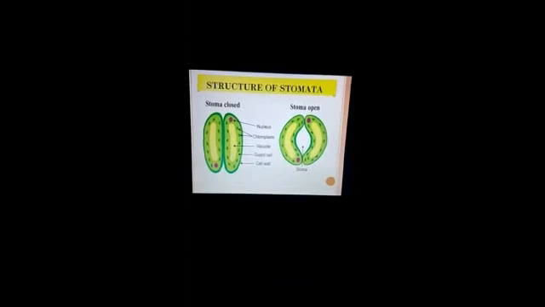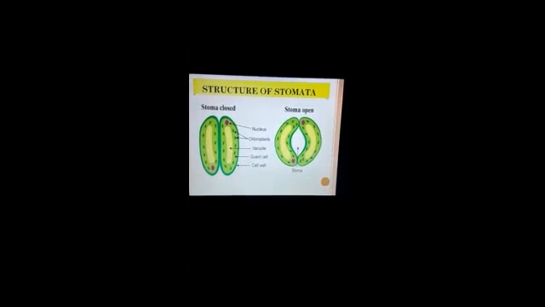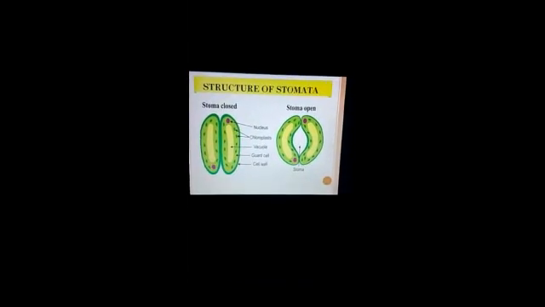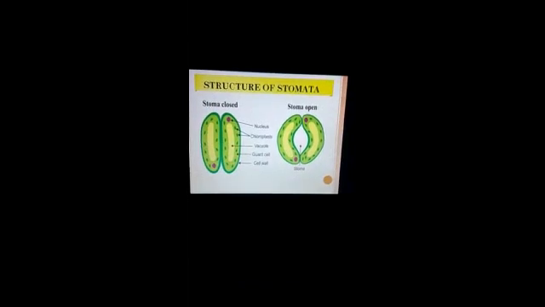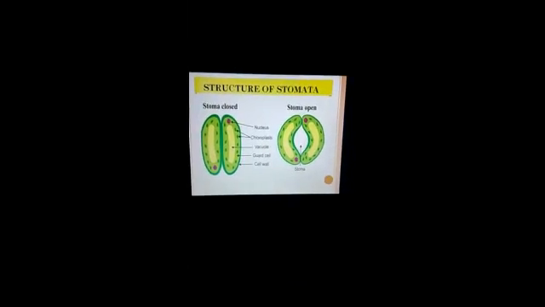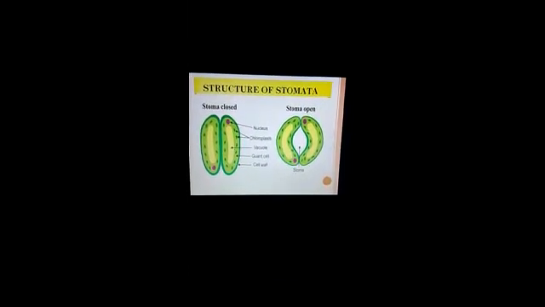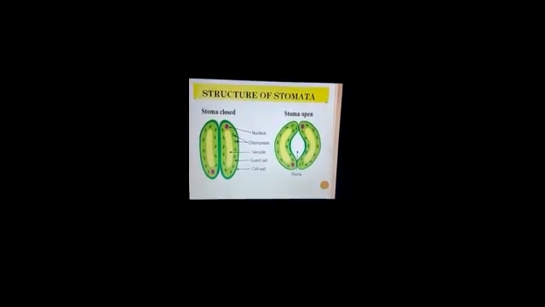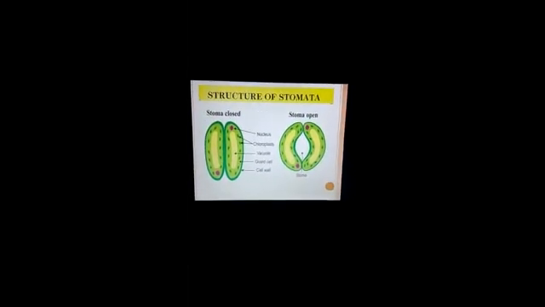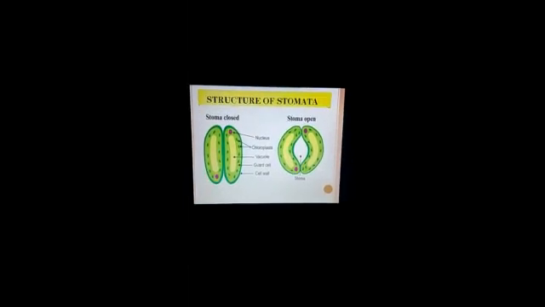The first structure shows the stomata closed. When there is absence of sunlight, there will be no releasing out of oxygen. It occurs in the night, whereas the other structure, that is the open stomata, shows that oxygen is released out in the atmosphere and it occurs in the presence of sunlight in the daytime.